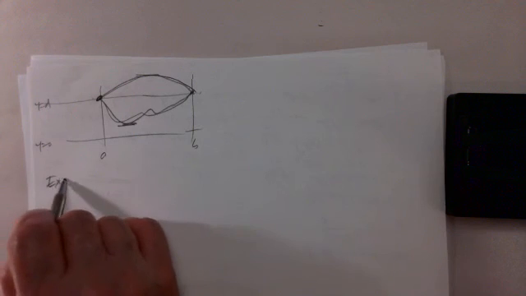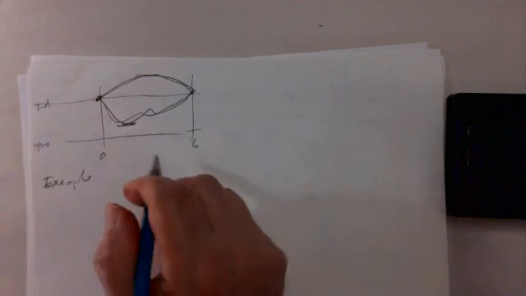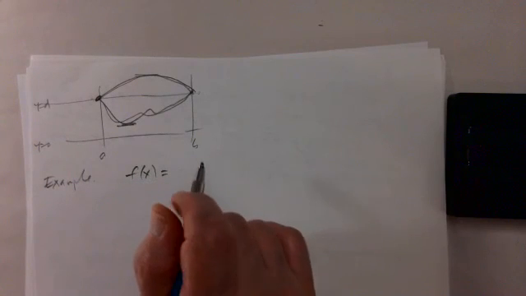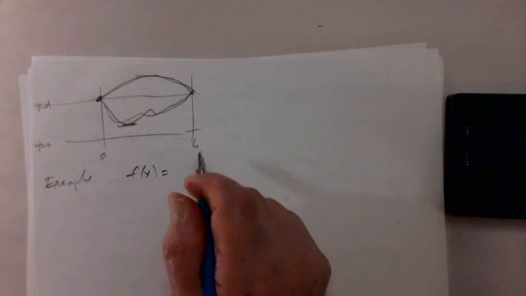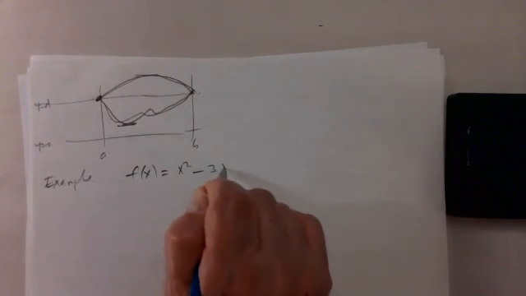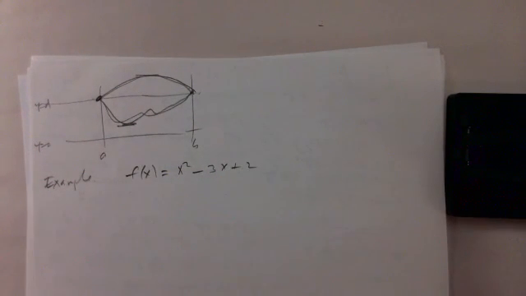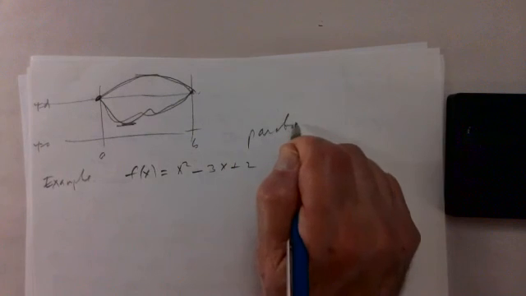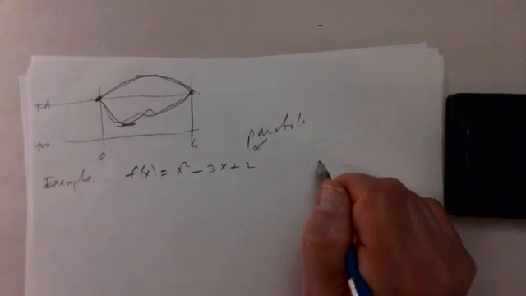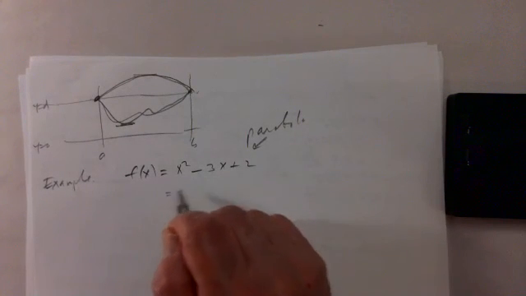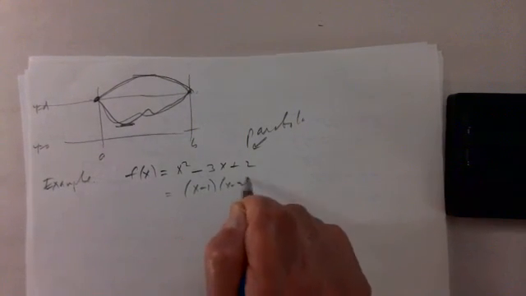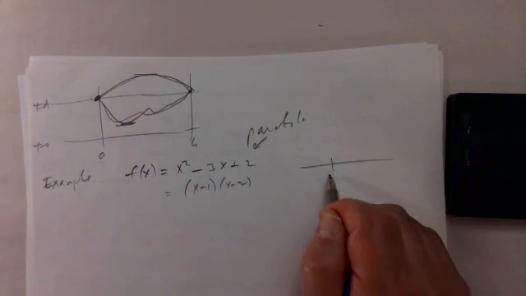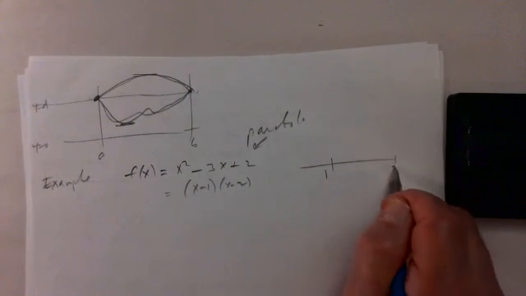Let me just show 2 examples of this, and then we'll be done. Suppose we have the function f of x equals x squared minus 3x plus 2. This is a parabola. What does the graph look like? Well, it's easy to find where it crosses the x-axis, at 1 and at 2.